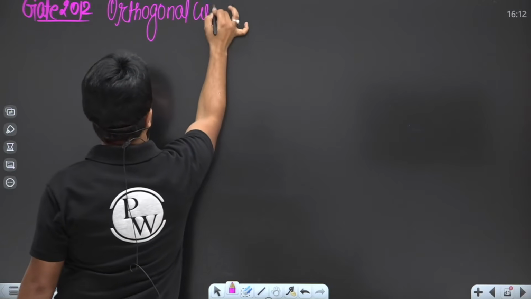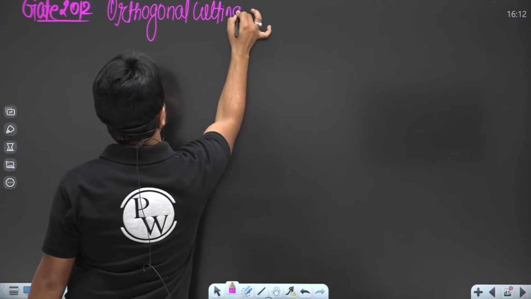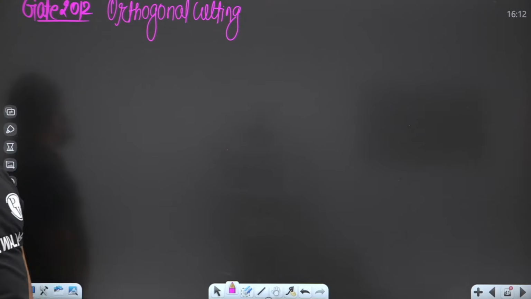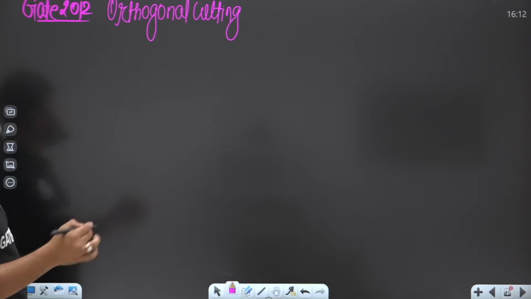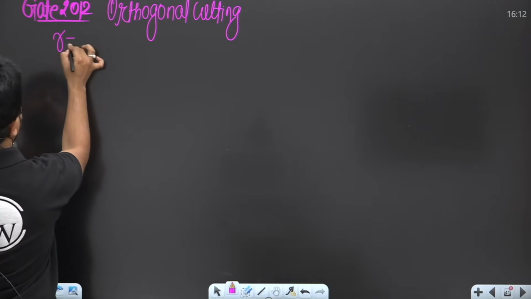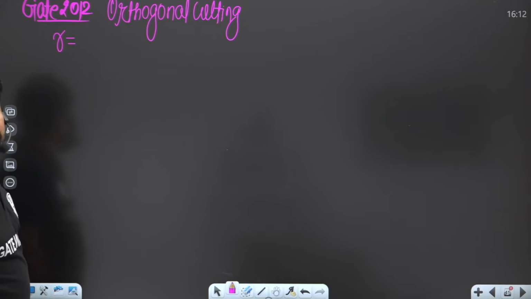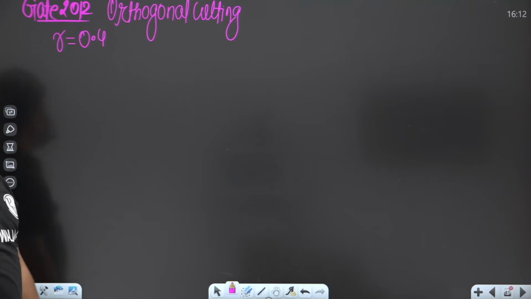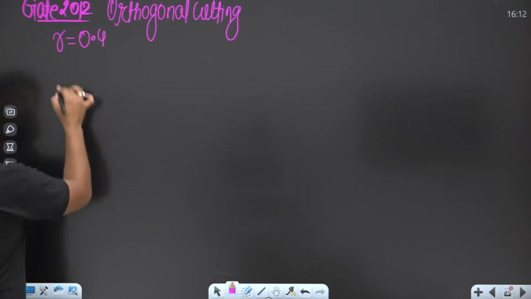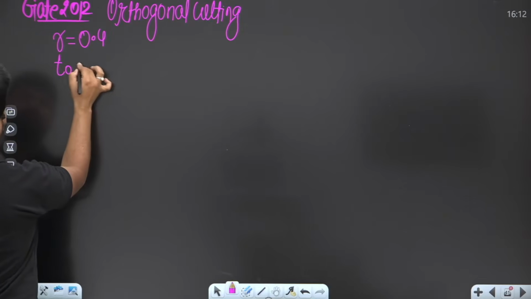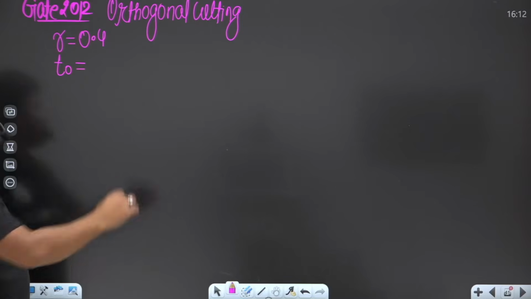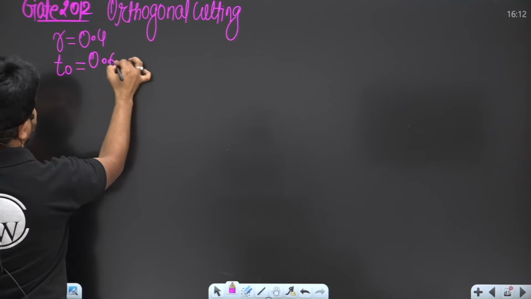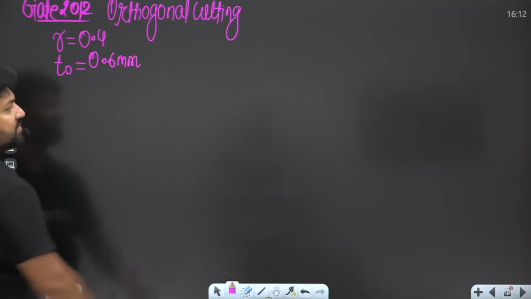In orthogonal cutting, the chip thickness ratio R is given as 0.4. The undeformed thickness t0 is given as 0.6 mm.